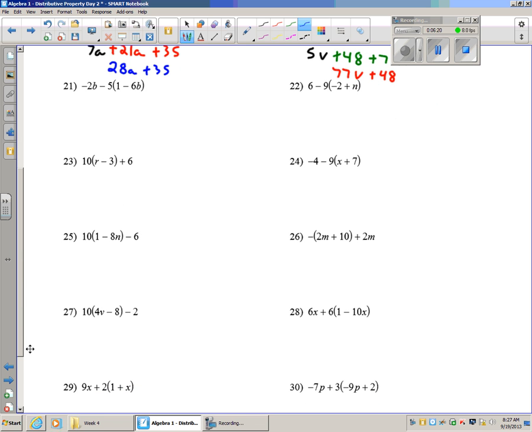Number 21. The negative 2b just drops down. The negative 5 gets distributed to two different things. The first term being 1, and the second term being negative 6b.